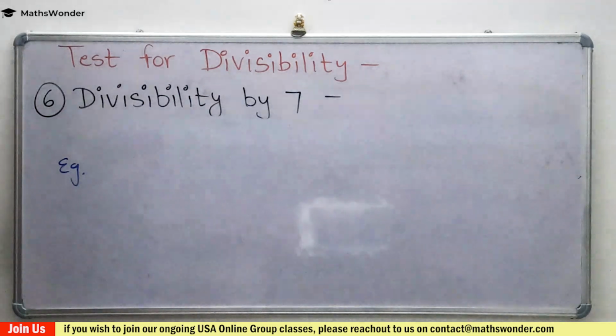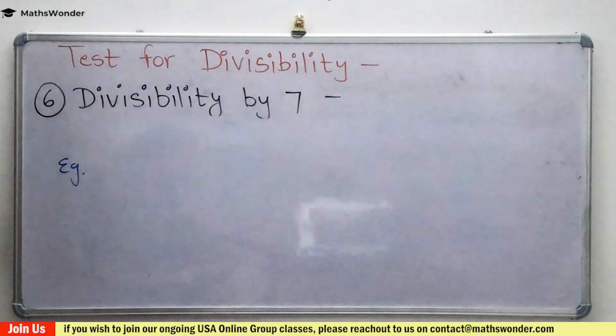A number is divisible by 7 if double of the units place of the given number is subtracted from the rest of the number.